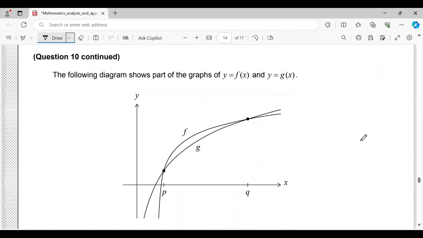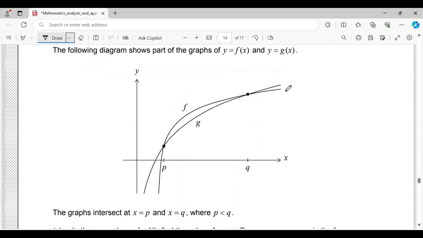Now, continue the question. The following diagram shows part of the graph of y equals f(x) and y equals g(x). So this is the graph of f(x), and this is the graph of g(x).